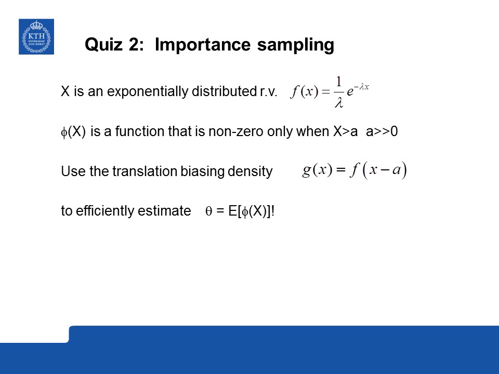And we're interested in estimating a parameter theta, the expectation of phi(x), and that function phi(x) is only non-zero when x is larger than a, and we assume that a is much larger than 0. The question is, how can we use the translation biasing density to efficiently estimate theta?